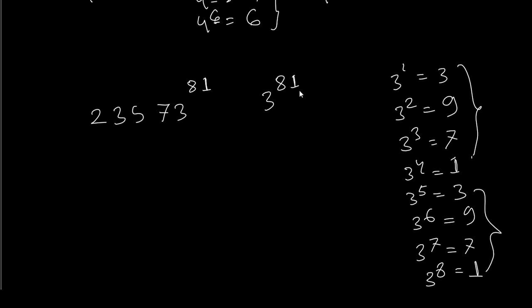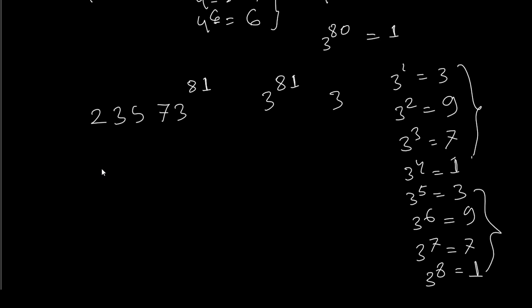So if we take 3 to the power 80 instead of 81, here 80 is completely divisible by 4, so the answer will be 1. But here we're taking 81, so 81 is the next number after 80, so for 80 if we get 1, then for 81 we will get 3. So the last digit of 3 to the power 81 is 3, so we can say that the last digit of this whole number will be 3.